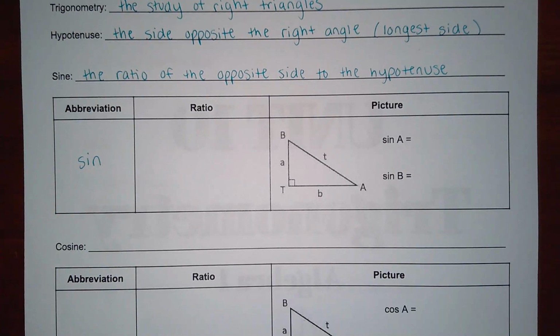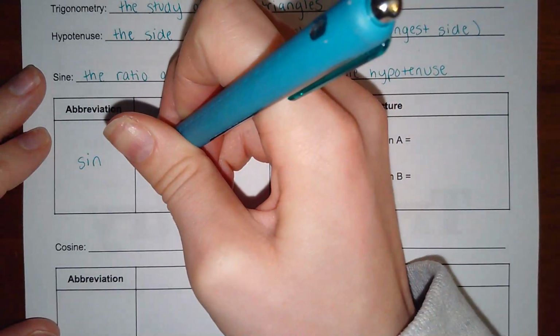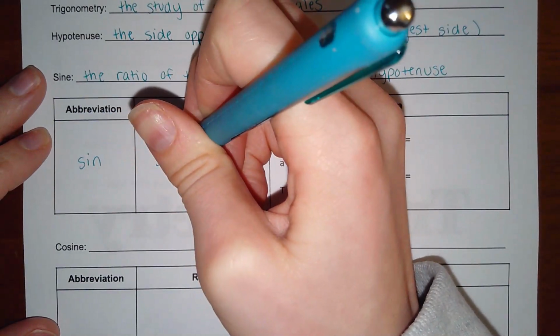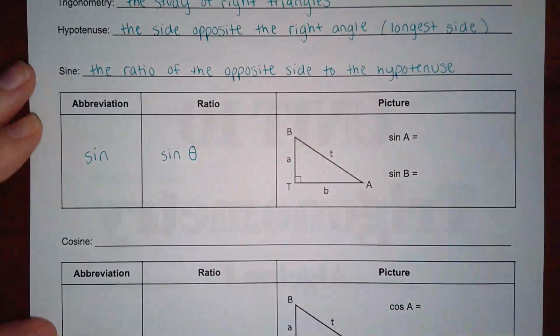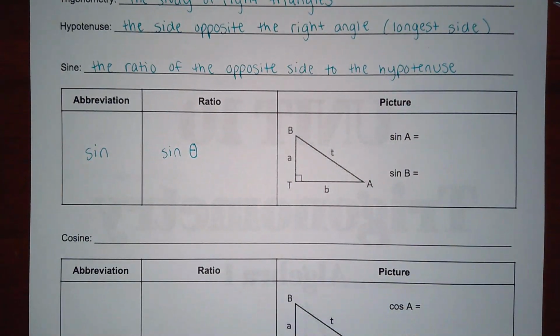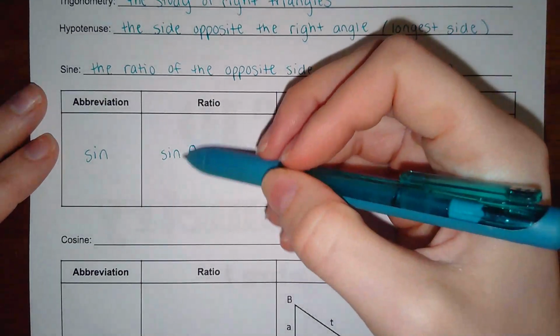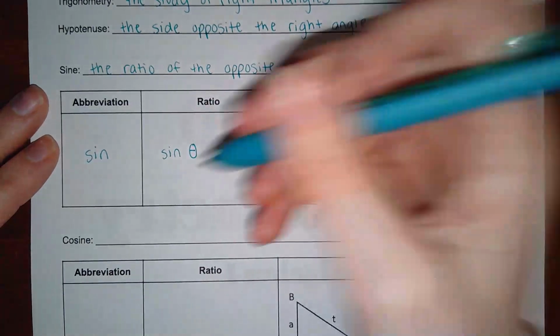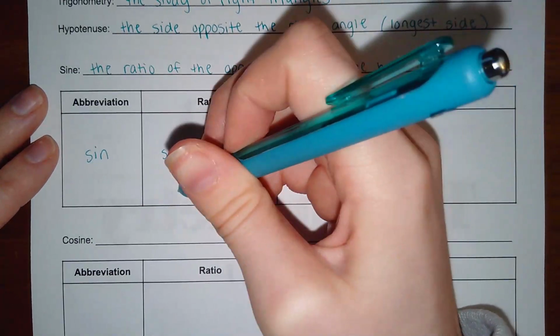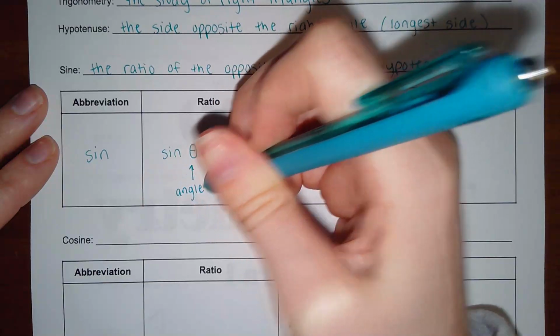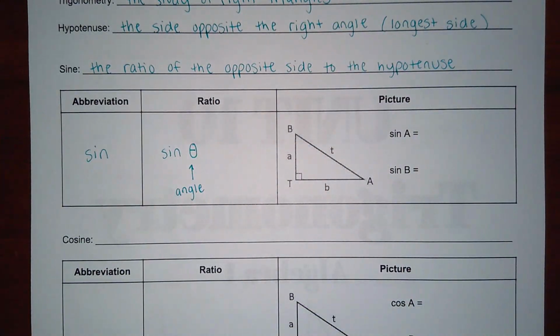When we're setting up our ratio, and this is true for all three ratios, we are going to be taking the sine or the cosine or the tangent of an angle. This symbol here is our symbol theta, and theta represents an angle. So that's really important that we remember that we're always looking at an angle.